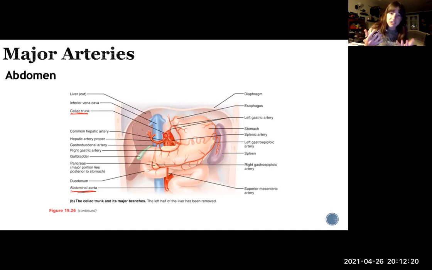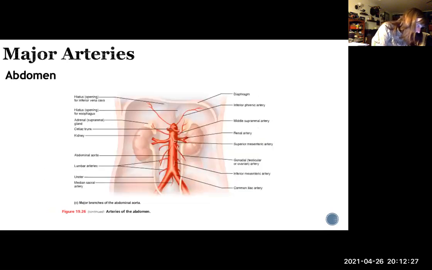Just know that the celiac trunk is right there next to the stomach. And then farther down, so here's that celiac trunk again of the abdominal aorta. Now look at these guys right here. Those are the renal arteries going into each kidney.